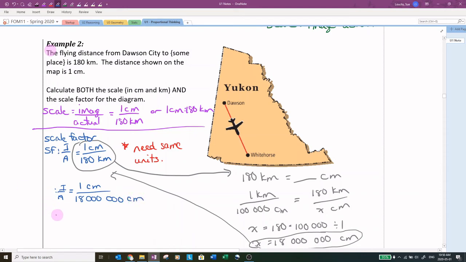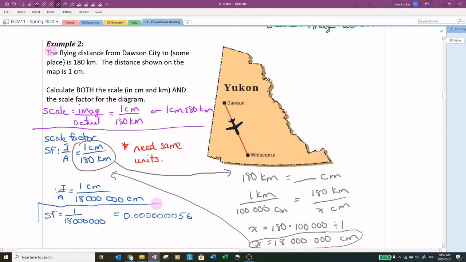So my scale factor is 1 over 18 million if I want to do it as a fraction, or if I change it to a decimal, it's a 1, then 7 zeros. So that's my scale factor.